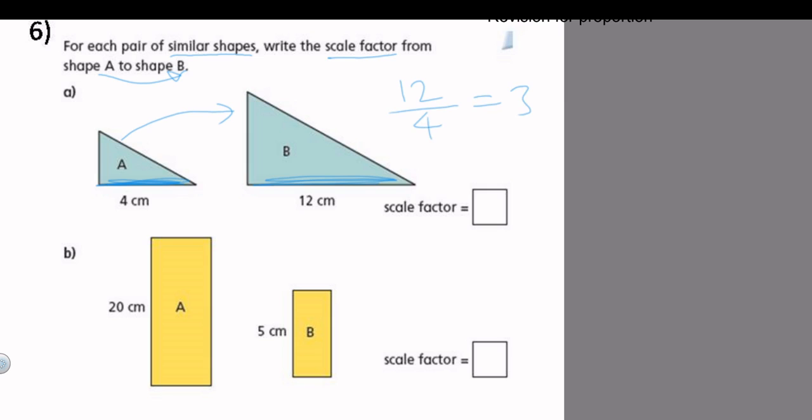Scale factor is 3. So to go from 4 times something to give me 12, it's obviously 3, because 12 divided by 4 gives you 3. Or you could say 4 times 3 gives you 12.